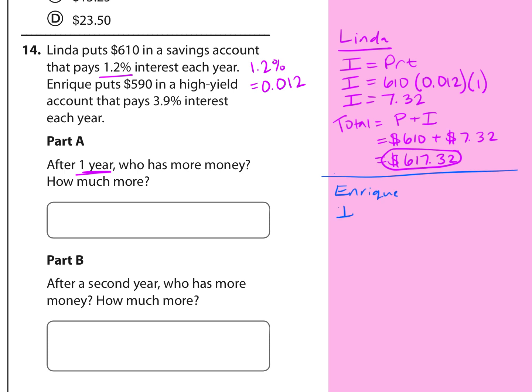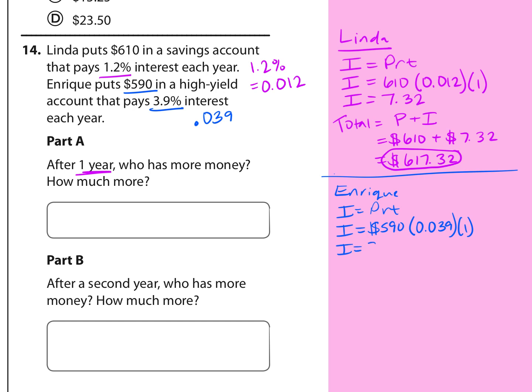We'll repeat this, and we're going to look at Enrique and say, well, okay, for him, I equal PRT. He starts with $590 times the interest rate as a decimal, 0.039. And once again, we're talking about 1 year.